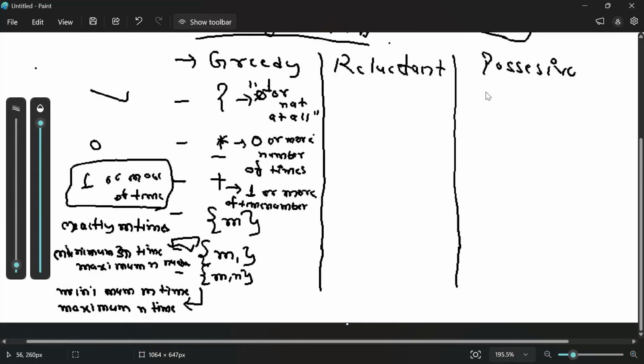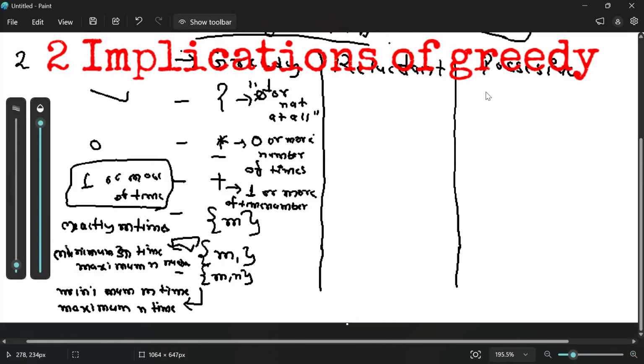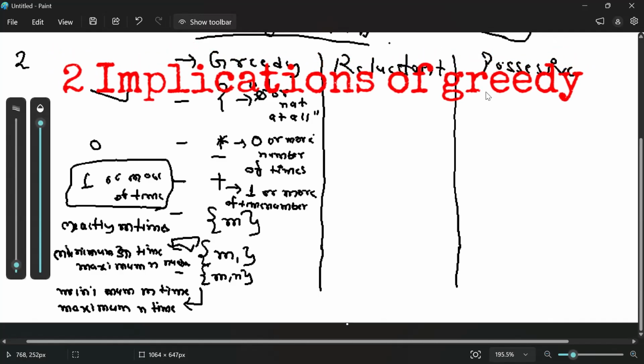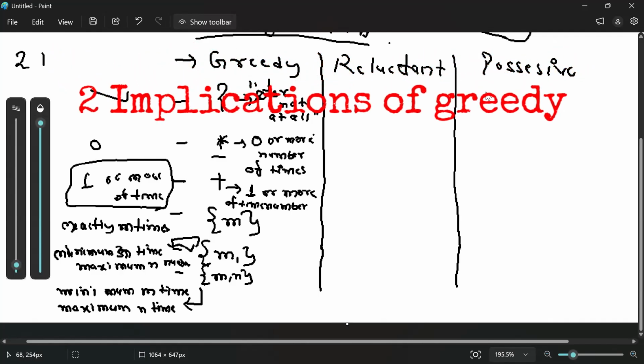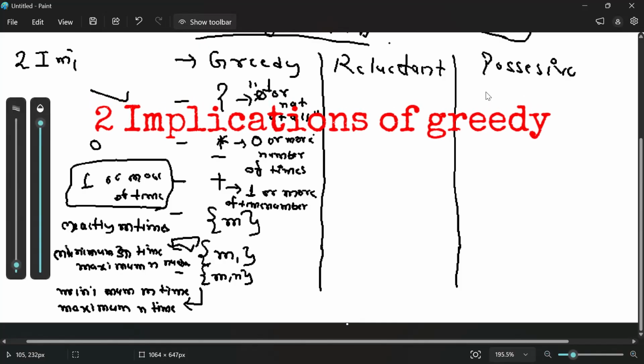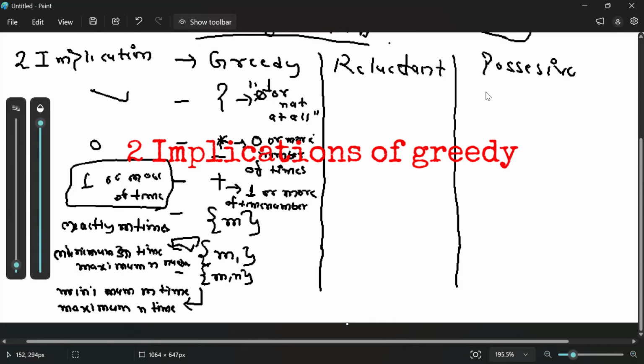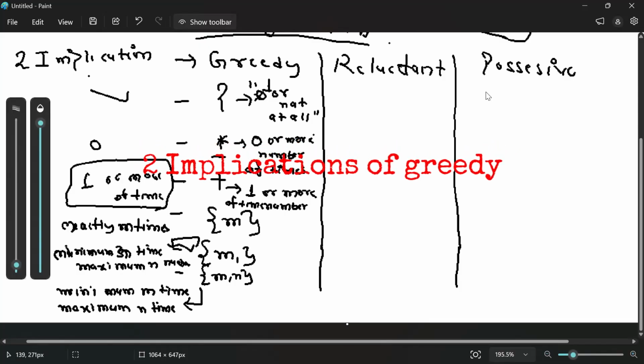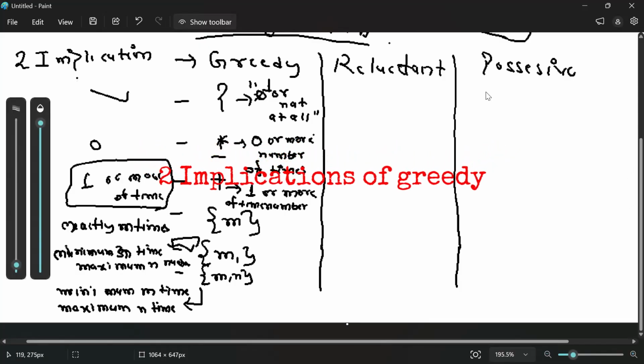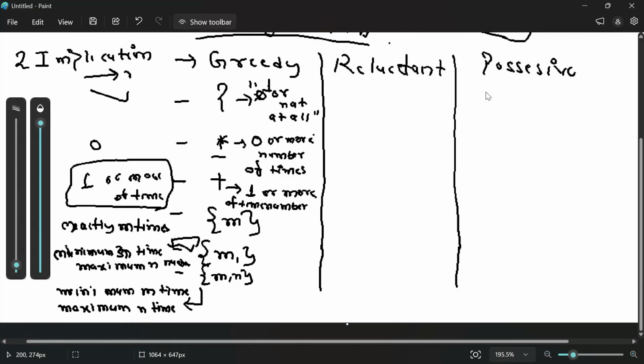Greedy quantification also has two implications. When I say greedy, reluctant, possessive, each always has two implications. What are those two implications? First, greedy will go for the maximum number of matches, as much as possible.